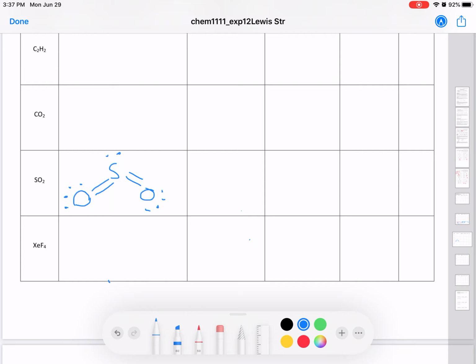And then what's the electronic geometry? Well, you're going to look at how many electron groups are on sulfur. So this is one group, 1, 2, 3. So there are 3 electron groups. When you have 3 electron groups, the electronic geometry is going to be trigonal planar.